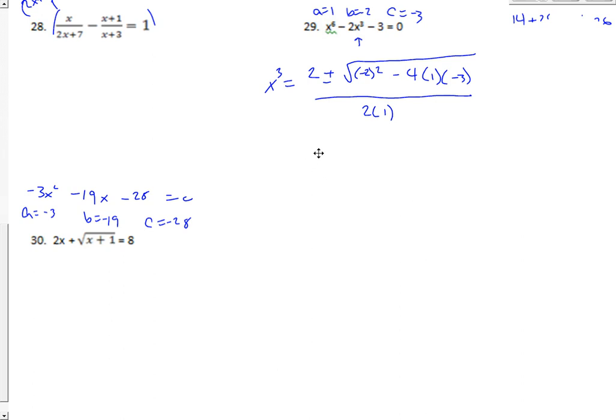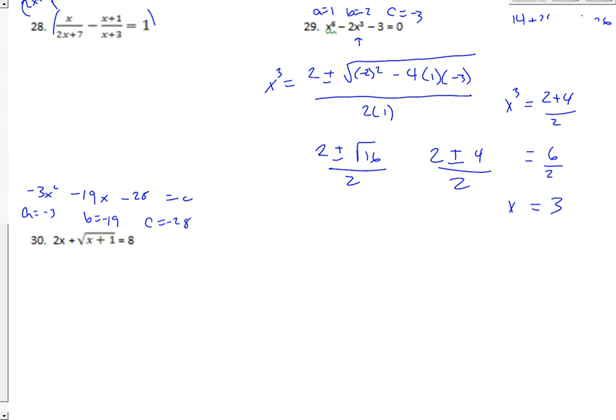So 2 plus or minus the square root of 16 over 2. So that's 2 plus or minus 4 over 2. So I get 2 plus 4. And remember, this is x cubed equals 2 plus 4 over 2, which is 6 over 2, which equals 3.